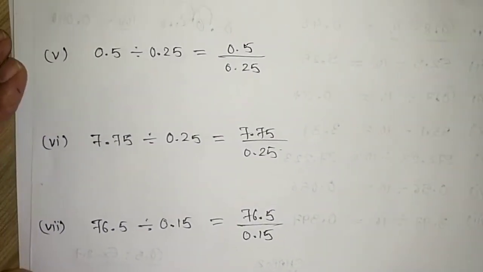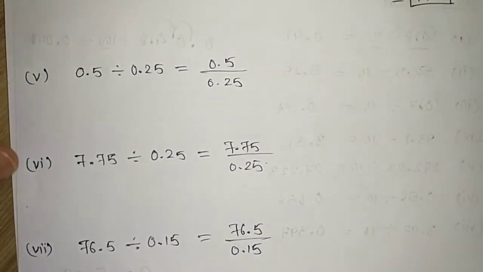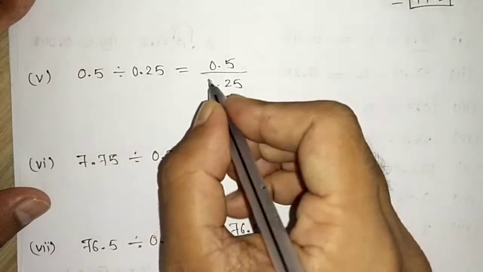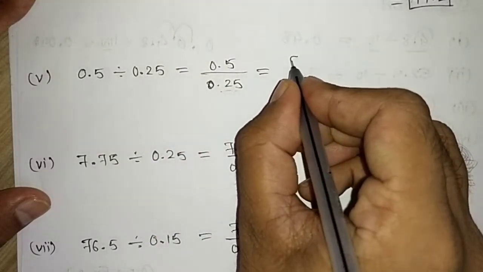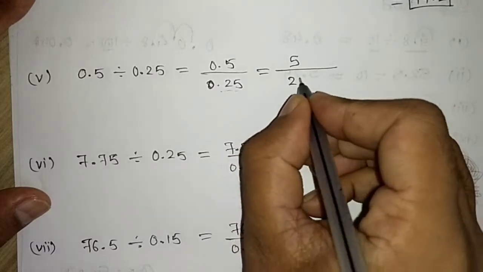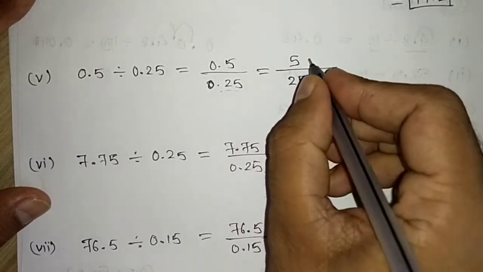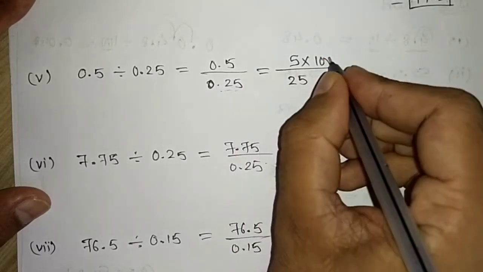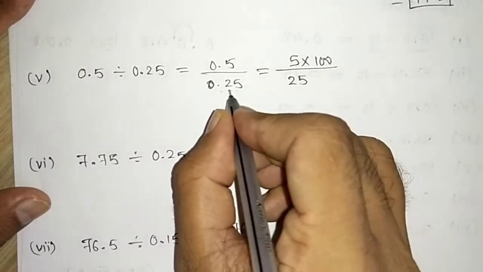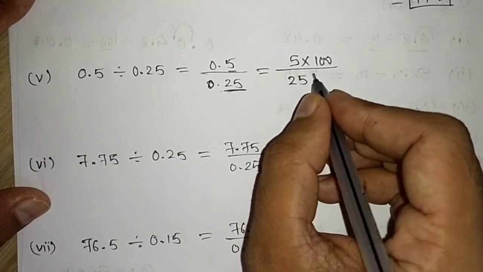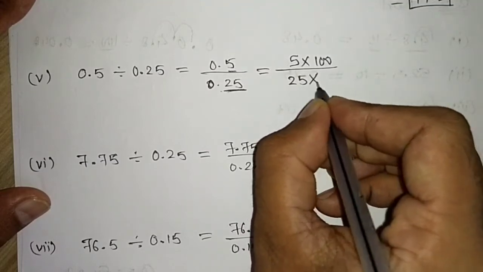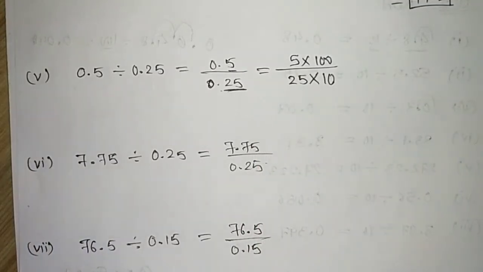Let us move to the fifth part. 0.5 divided by 0.25. Here in the denominator there are 2 decimal points and in the numerator 1 decimal point. So we will write 5 divided by 25. In the numerator we will multiply by 100 because we have removed 2 decimal points from the denominator, and from the numerator we have removed 1 decimal point, so we will write 10 in the denominator.